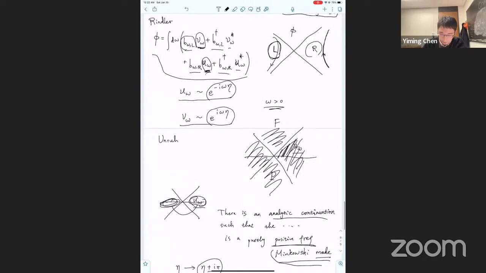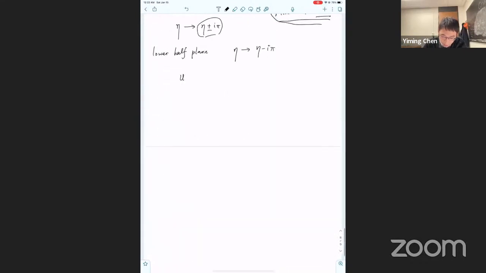Let me start with u, okay? u is e to the minus i omega eta. And as we take eta to eta minus i pi, it becomes e to the minus i omega eta, and you get e to the minus pi omega, okay?